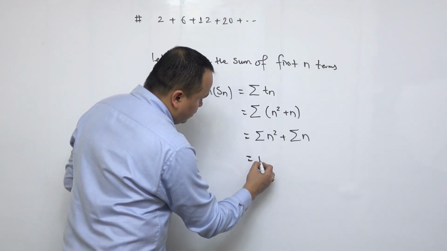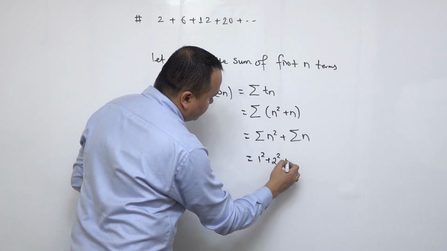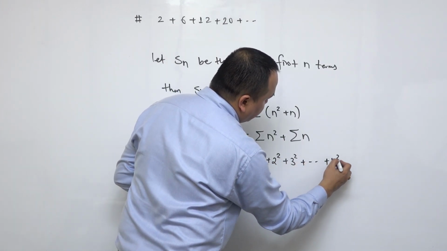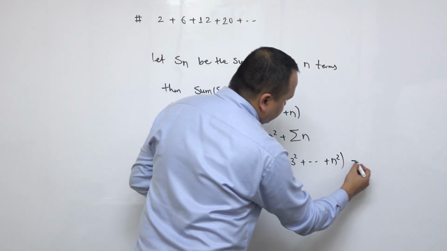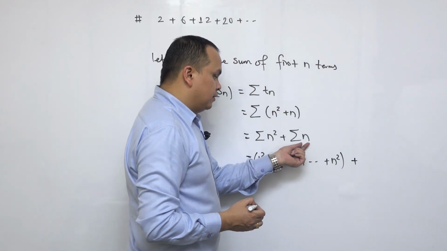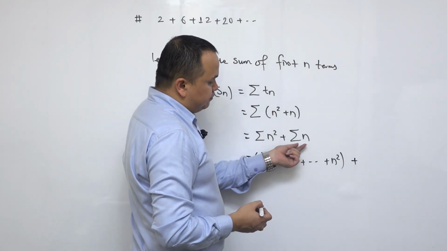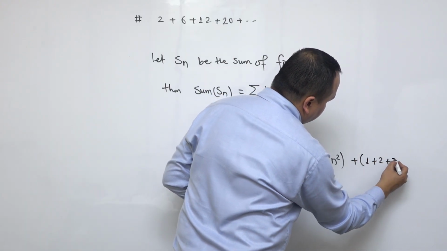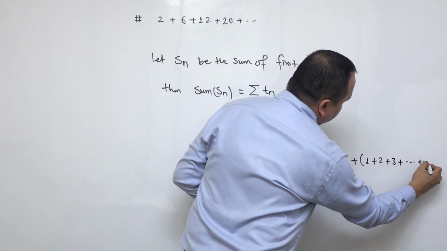So we put 1 square, 2 square, 3 square plus ... plus n square, plus, again n runs from 1 to n, 1 plus 2 plus 3 plus dot dot dot plus n.